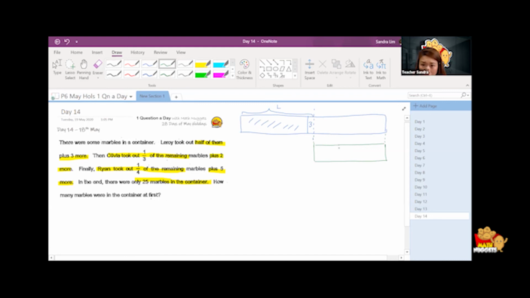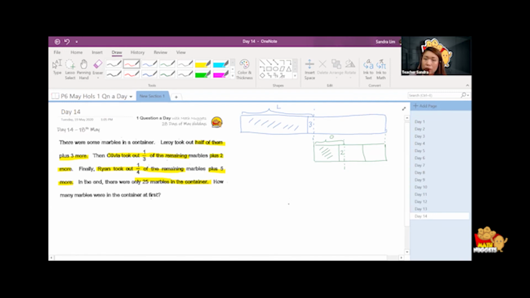So I'm going to cut the remainder into 3, out of which Olivia took 1, but that's not all. She took 1/3 of the remaining marbles plus 2, right? So let's take out 2 more from the next unit. And this one was what Olivia took.